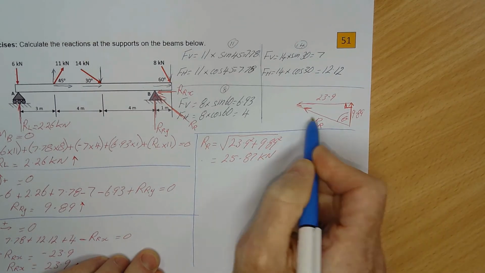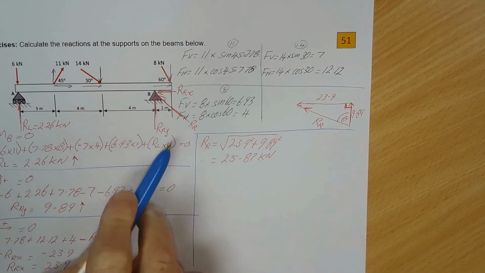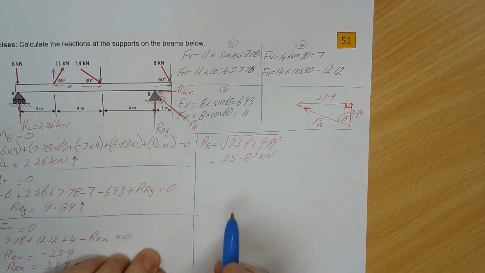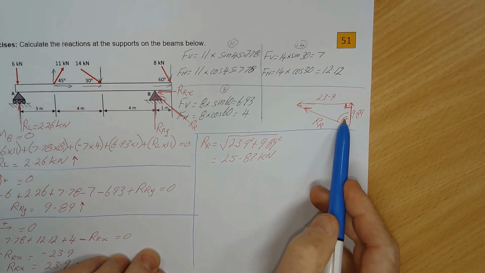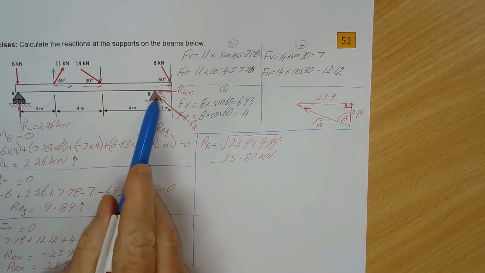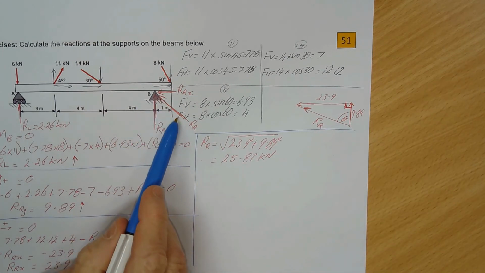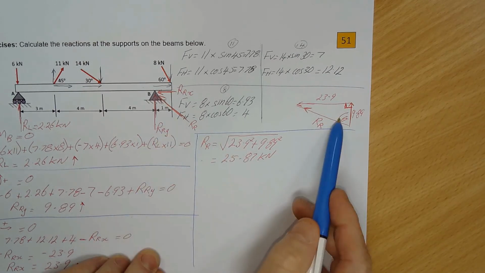So that's the value of the hypotenuse, which is RR, which is that reaction there. So now we just need to define with all vectors point of application, the sense, its magnitude, and also its angle. So finally we do the angle.